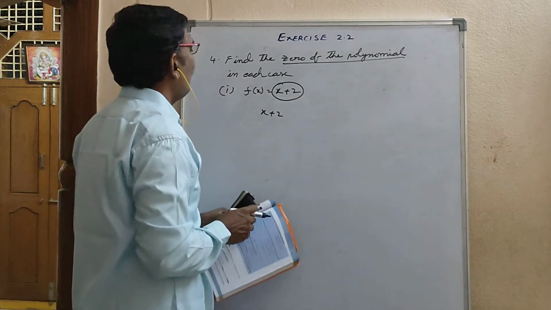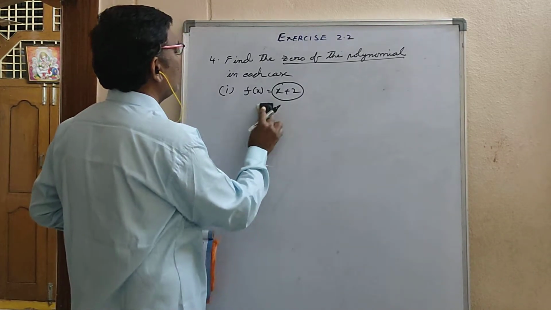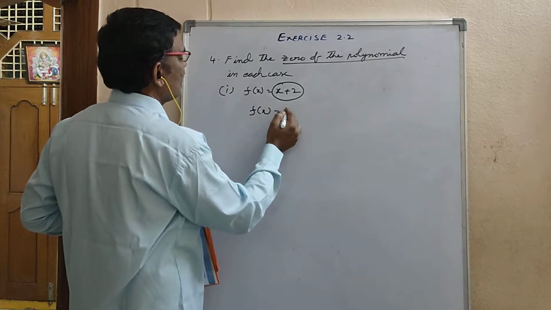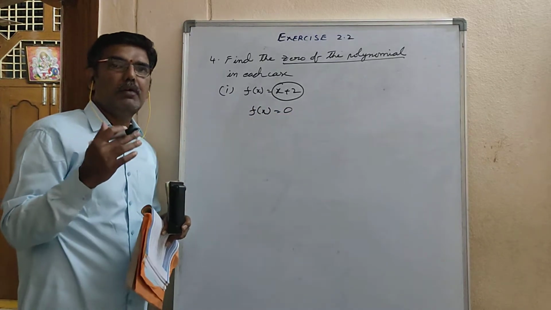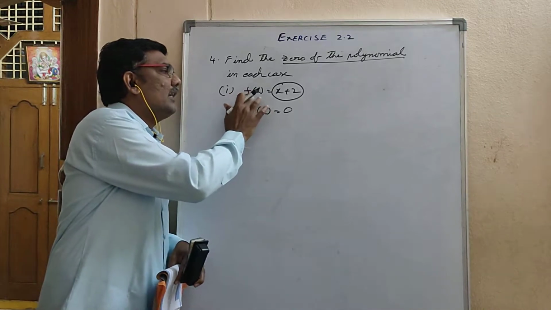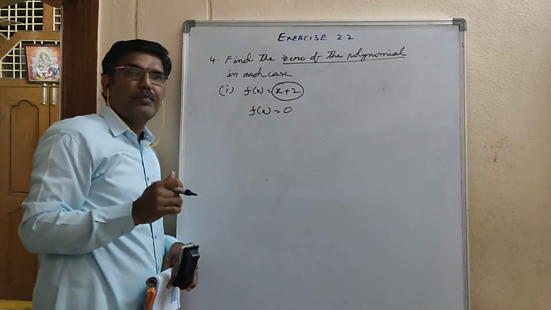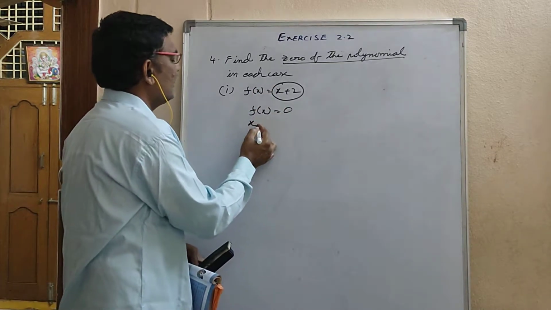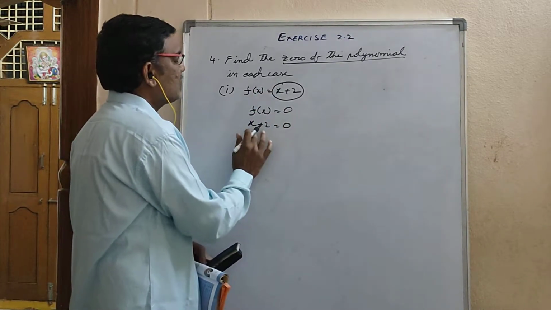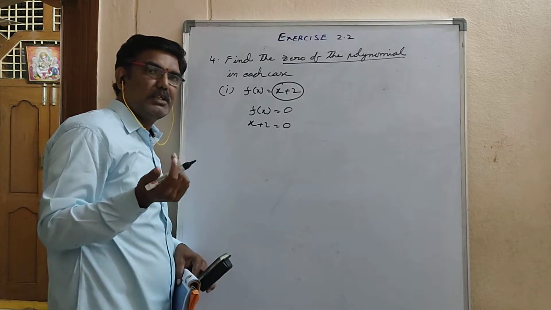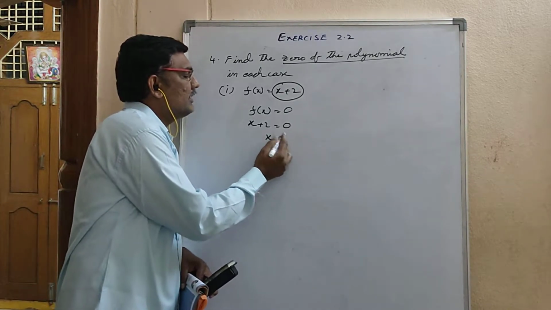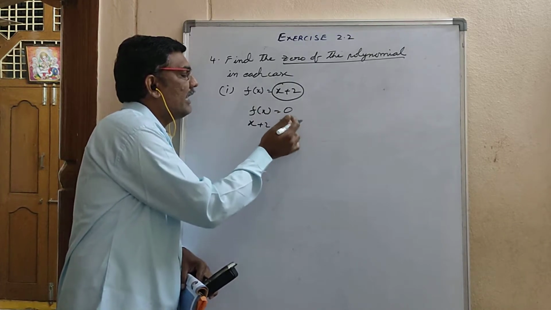Now, to find the zero of the polynomial, first the given polynomial should be equated to 0. First step: equate this with 0. What is f of x? In the question they have given f of x is x plus 2. X plus 2 is equal to 0. You should make x the subject. X as subject means plus 2 should be taken to the right hand side.